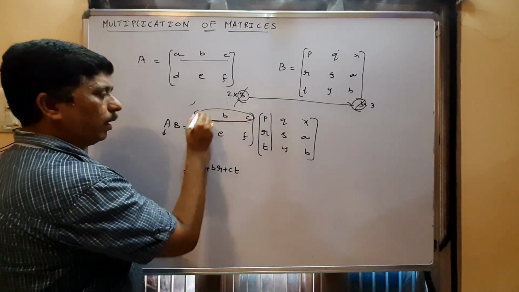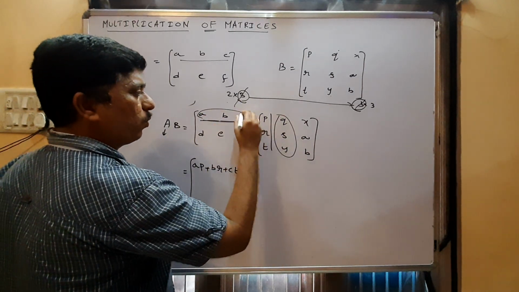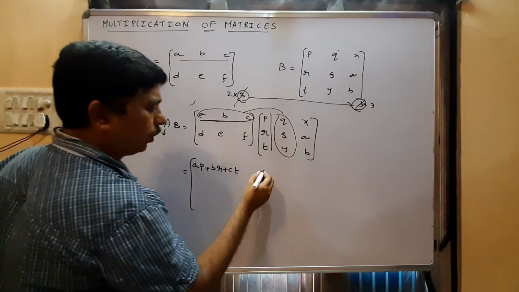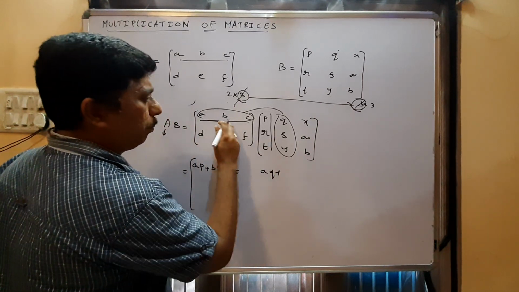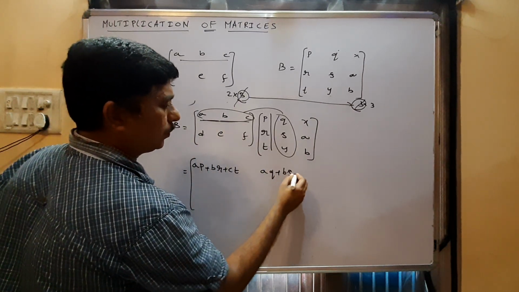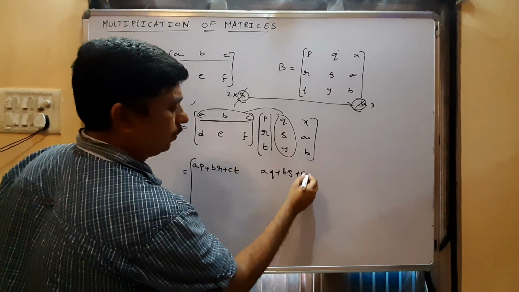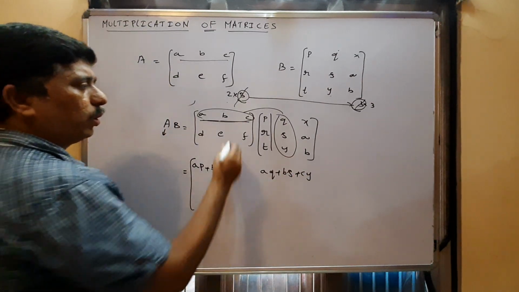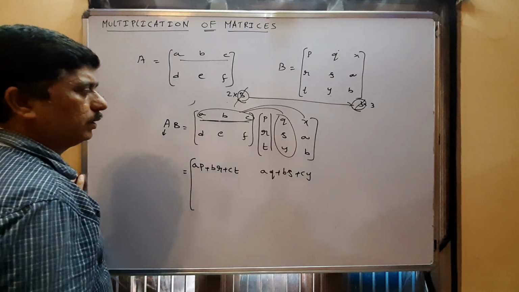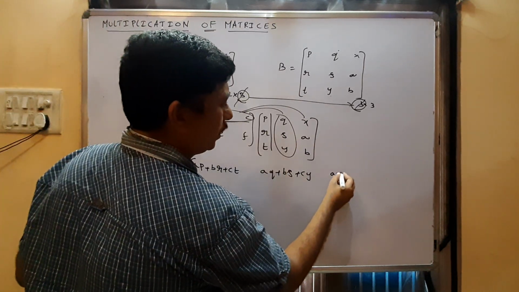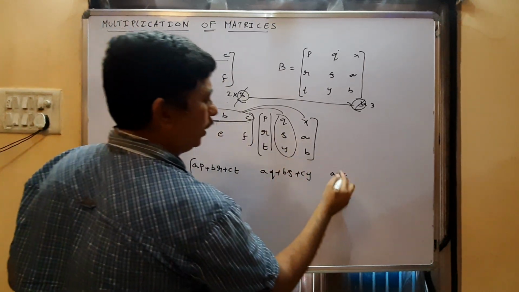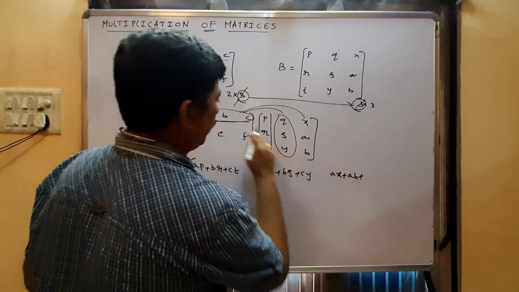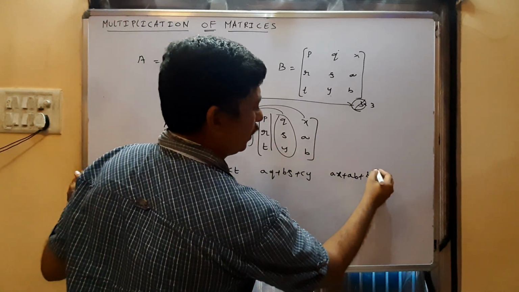First row into second column, the first row second element: a into q, aq, b into s, bs, c into y, cy. First row into third column, the first row third element: a into x, ax, plus b into a, ab, plus b into c, bc.